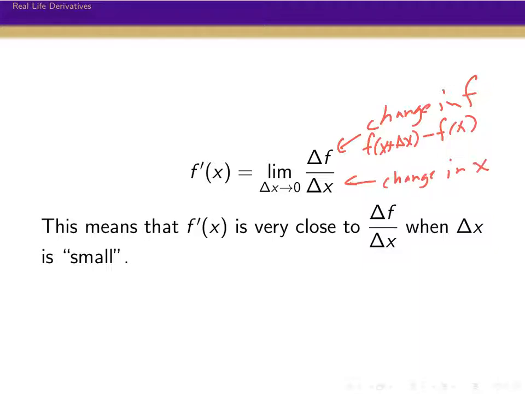Okay. And so by the idea of a limit, the f prime, the instantaneous rate of change, is going to be very close to what the ratio delta f over delta x is when delta x is very small. And remember this ratio right here is talking about an average rate of change.